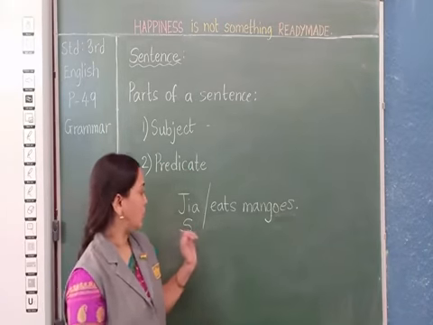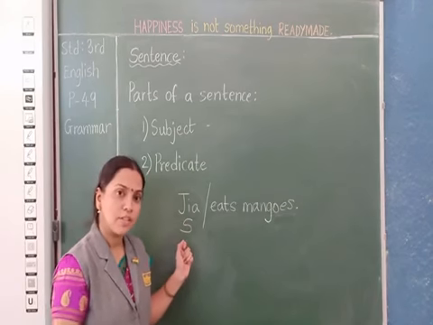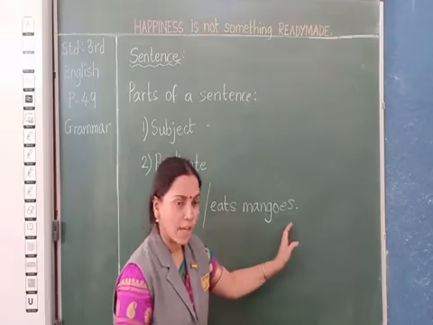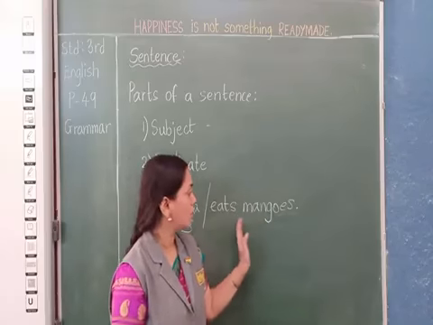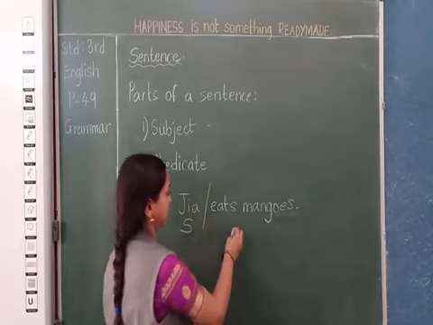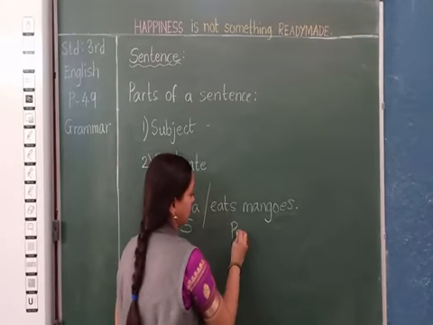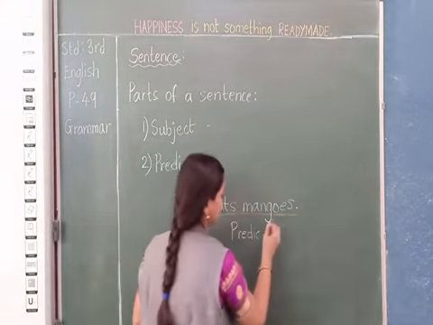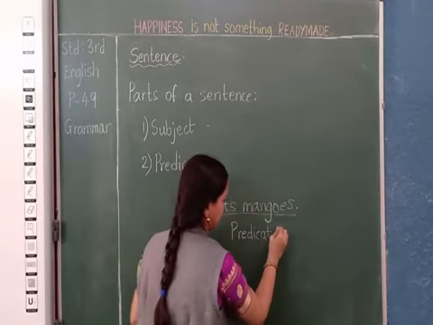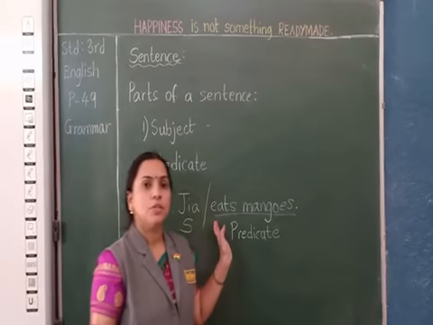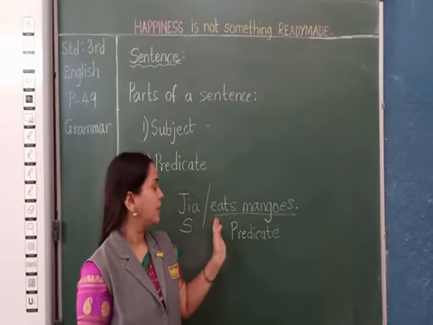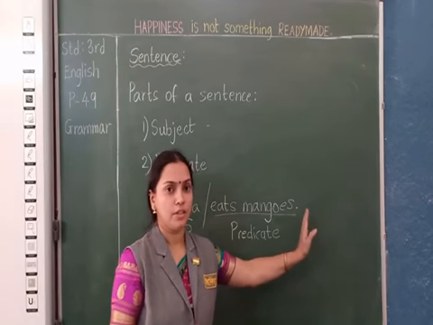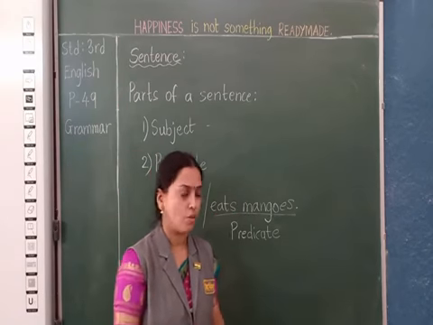So that is the hint for you how you can find out the subject in the sentence. Now, here we have Jia as our subject and eats mangoes, this is our predicate. Generally, predicate includes the verb and the rest of the words in the sentence.